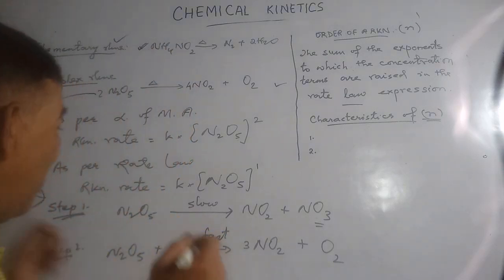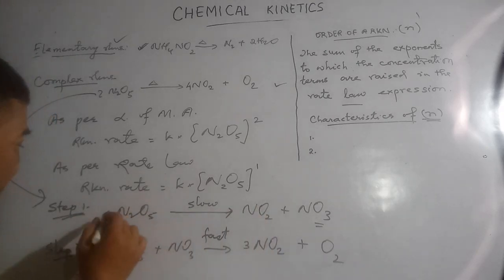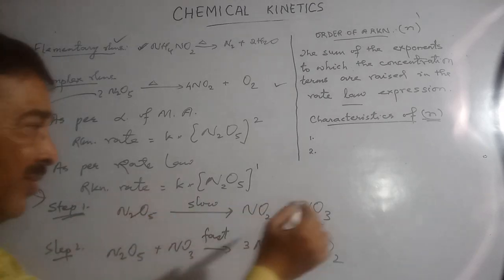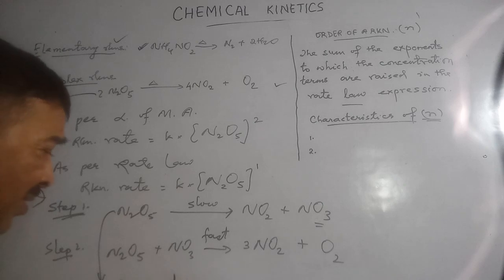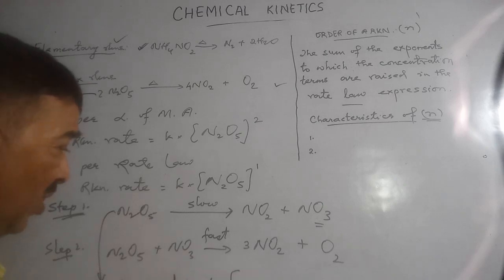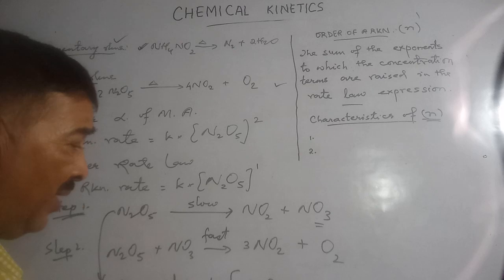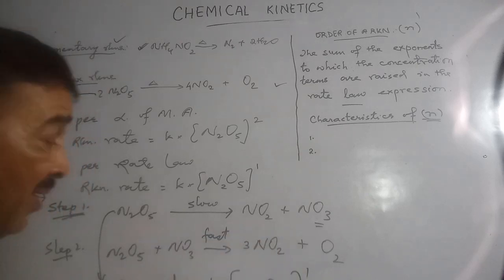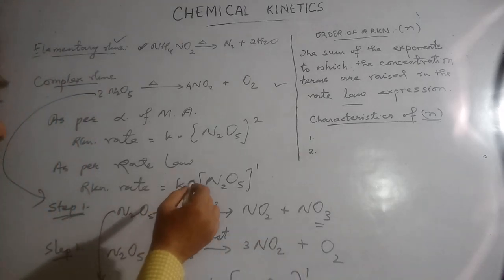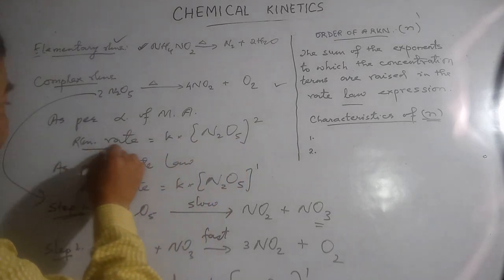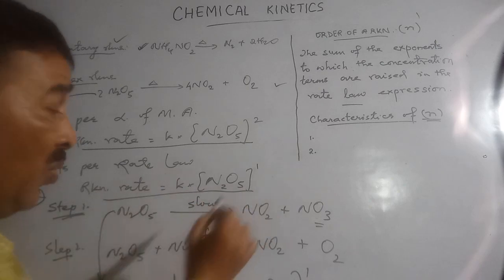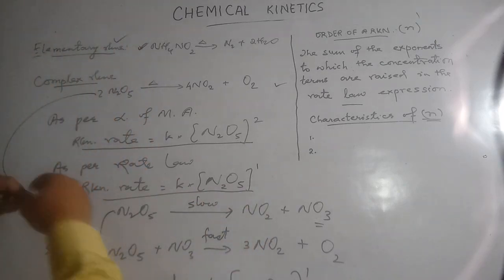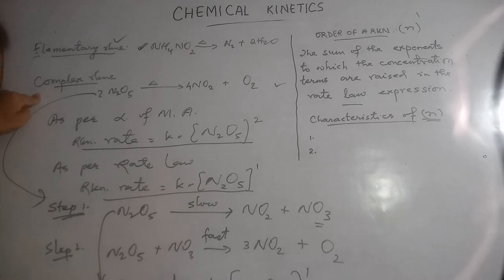Now as per step 1, we can write the reaction rate is equal to K into the molar concentration of N2O5 to the power 1. So the theoretical reaction rate and experimental reaction rate are different for complex reactions.